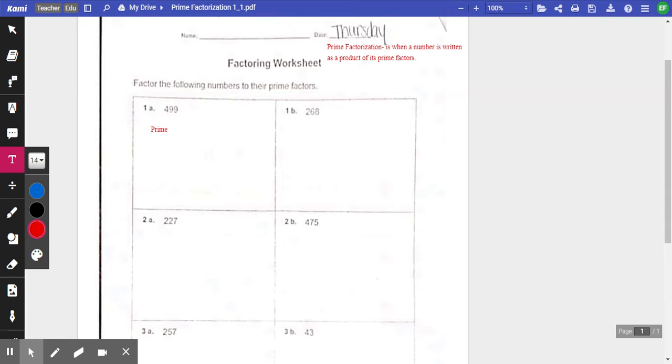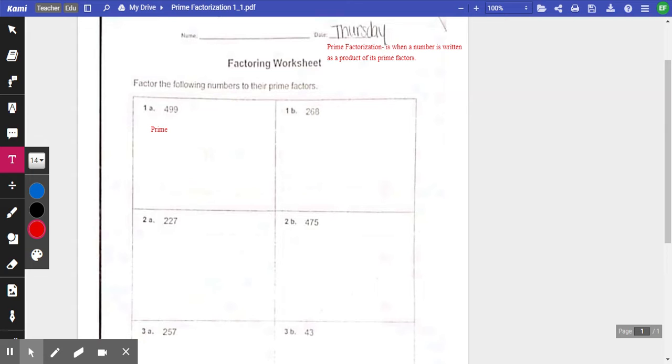So if we look here at 268, that is an even number. That means that it can be divided by 1, it can be divided by itself, but it can also be divided by 2. And 2 is a prime number. So we're going to use what I call the ladder method.